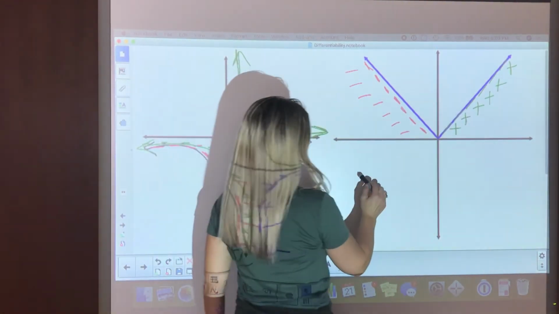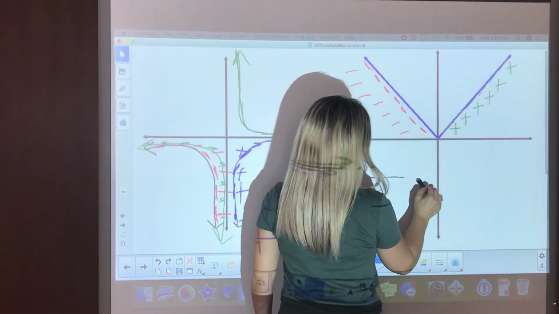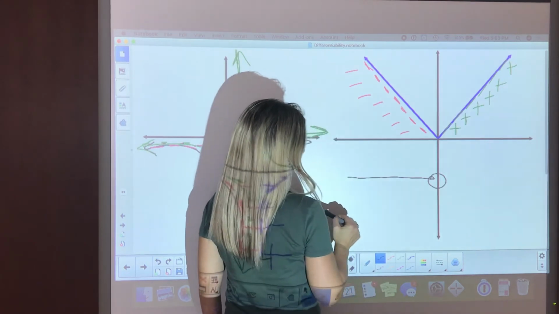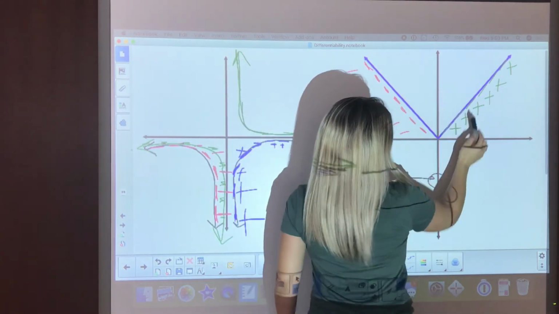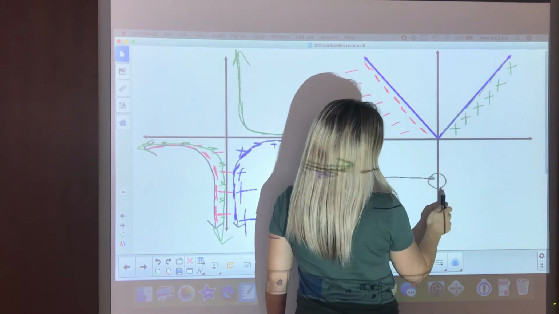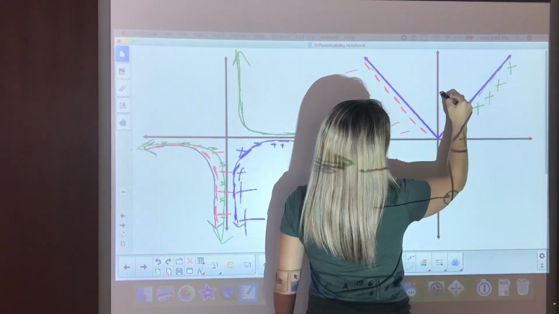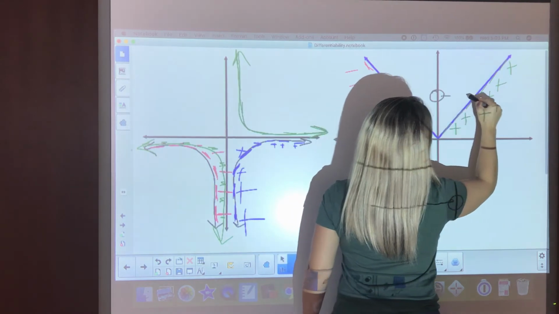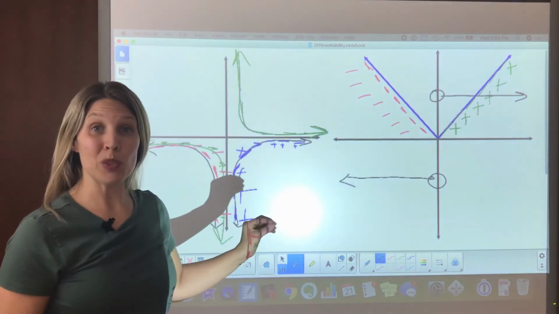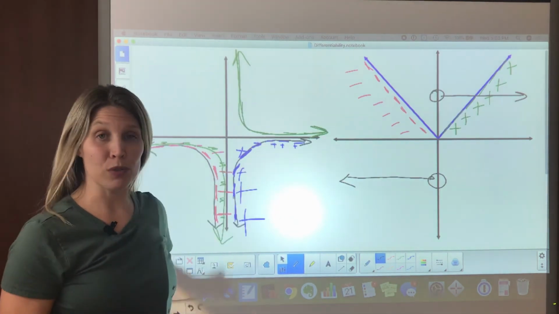So a constant negative number would look like this, with an open circle on your y-axis, and a constant positive, and it looks like the slope is the same, only one's negative, one's positive. So I'm going to go about the same distance up here and do a constant positive. So this would be the derivative of an absolute value function.